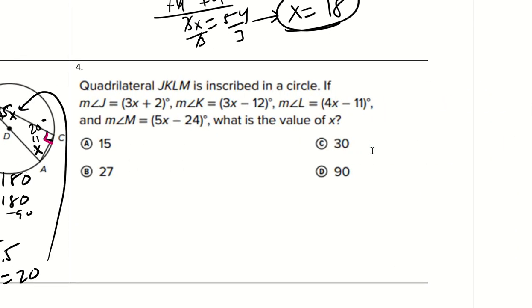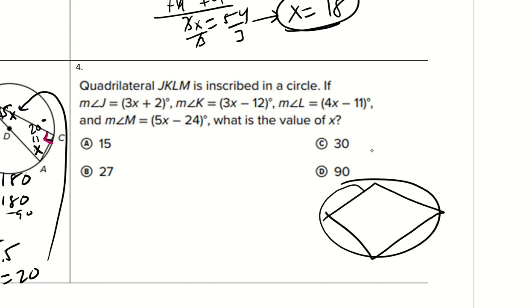All right, number 4. Quadrilateral JKLM is inscribed in a circle. They give us a bunch of angles. What is the value of x? Remember that if you have an inscribed quadrilateral, the opposite angles always add up to 180, right? The opposite angles are supplementary.